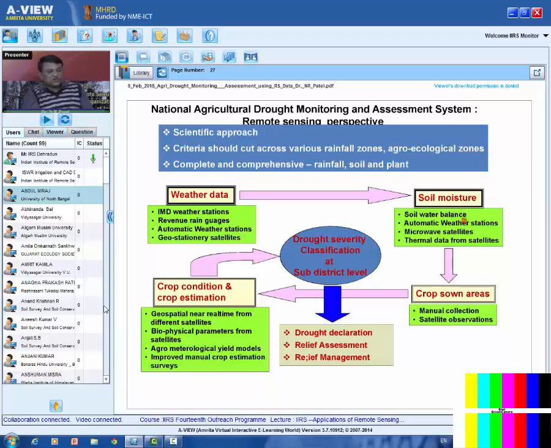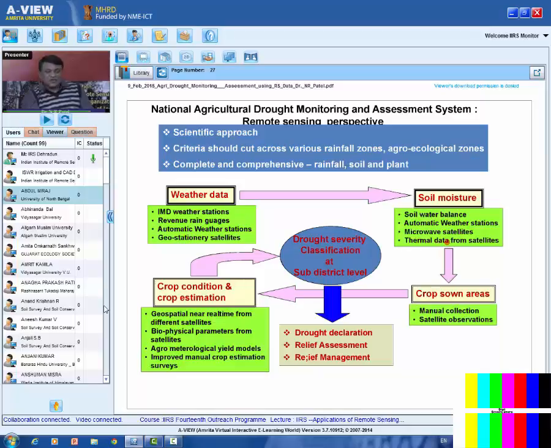For soil moisture, there is the soil water balance model and microwave satellites like SSMI, MSMR, SMMR, MSRE. These are all passive microwave satellites which can provide coarse resolution soil moisture on a daily basis. Such coarse resolution soil moisture can be a better indicator of surface wetness condition.